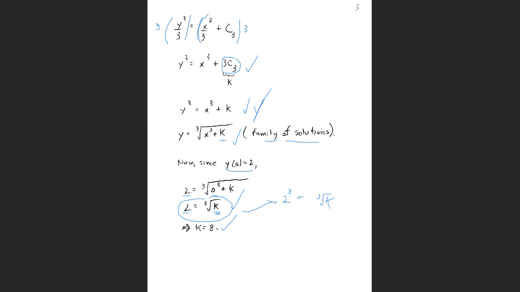We could say, I want to solve for k. So I'll take the cube root of k and raise it to the third power. That's going to get me 2 cubed, so k will equal 8. All right, is that all right? Yes, thank you. Are there any other good questions?